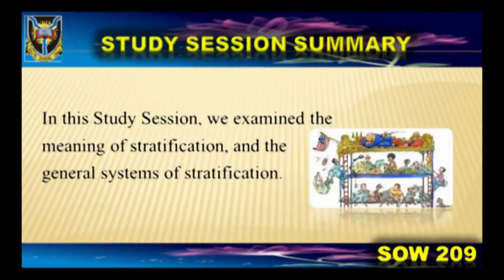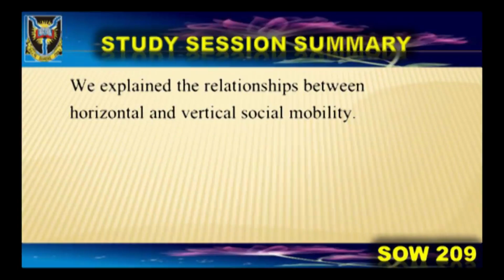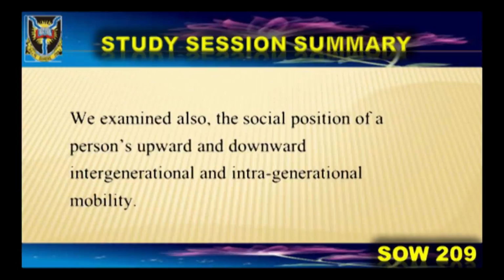Study session summary. In this study session, we examined the meaning of stratification and the general systems of stratification. We explained the relationships between horizontal and vertical social mobility. We examined also the social position of a person's upward and downward intergenerational and intragenerational mobility.